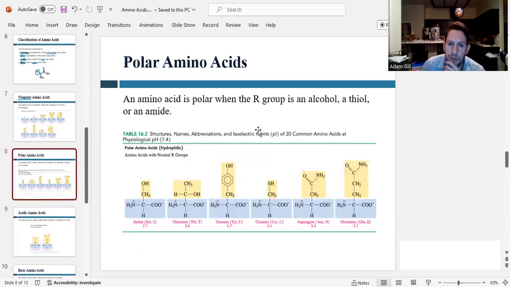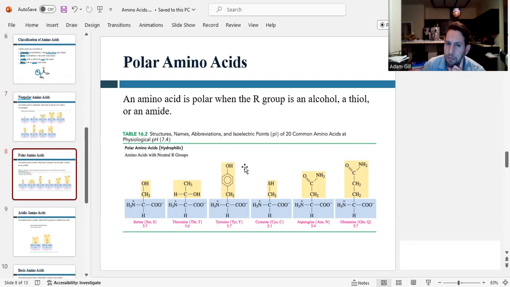Now, the polar amino acids, these 6, all have some electronegative atom in the side chain that gives it a polarity or a dipole. And so notice you have an alcohol, alcohol, alcohol, a thiol, an amide, and another amide.